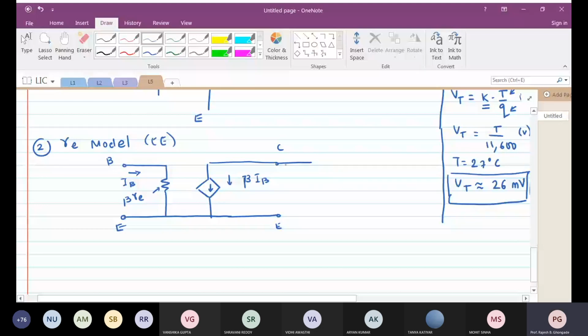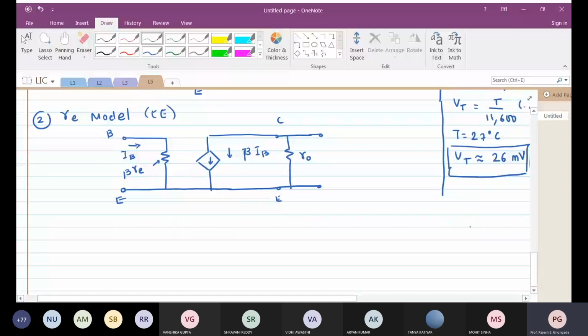And you have something called the output resistance RO. This is another type of model which is extensively used. In many of the books, you'll see that they go for the analysis of the amplifiers using this re model. Just to make you aware of that, there is another model for the bipolar junction transistor available.